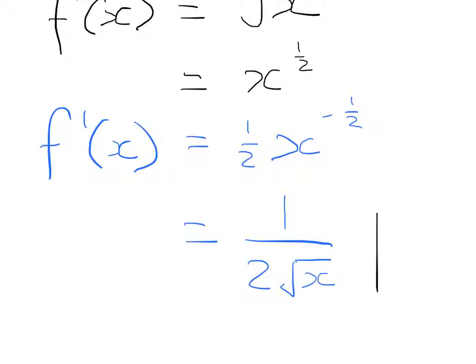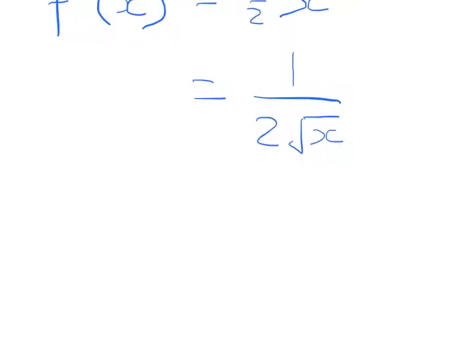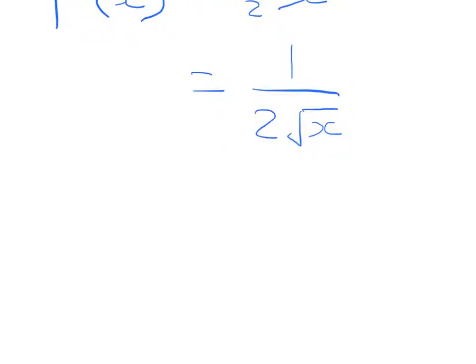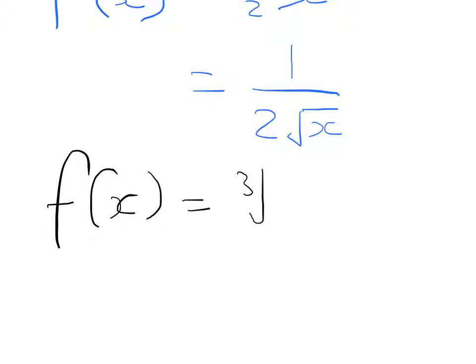Let's look at one of those that's a little bit more difficult. Remember, if you feel I'm going too fast for you, you can always pause it and go back and look at a question again. Alright, f of x is, let's have a look at the cubed root of x to the power of 4.